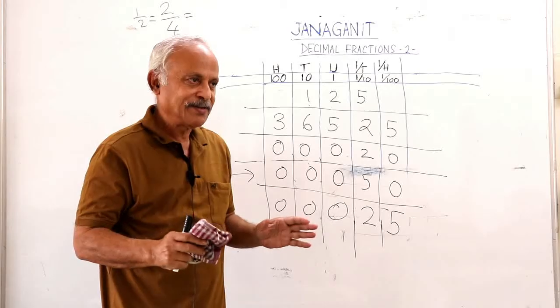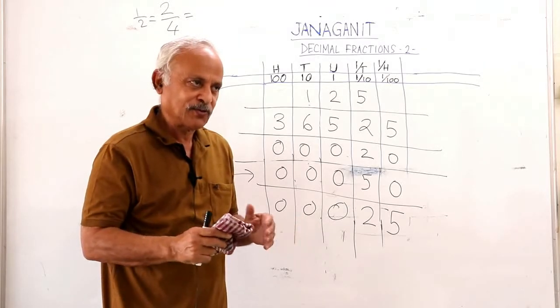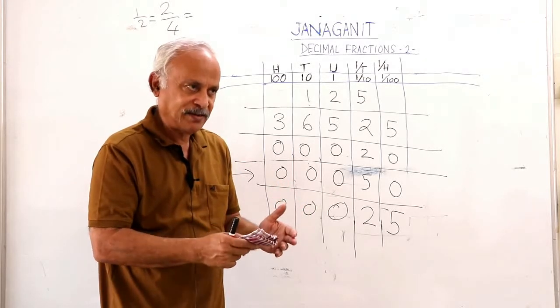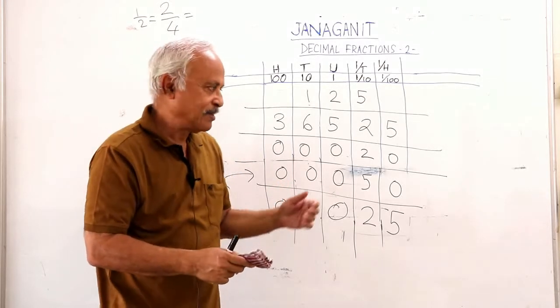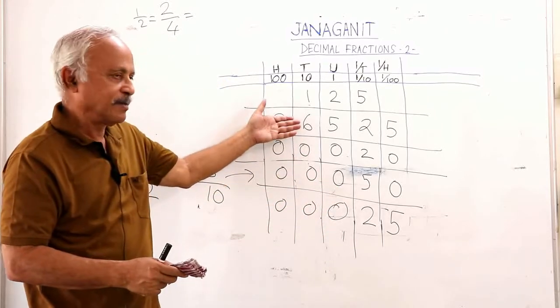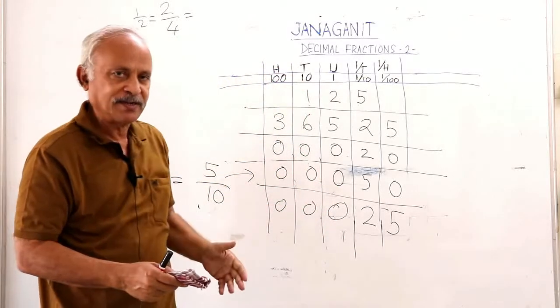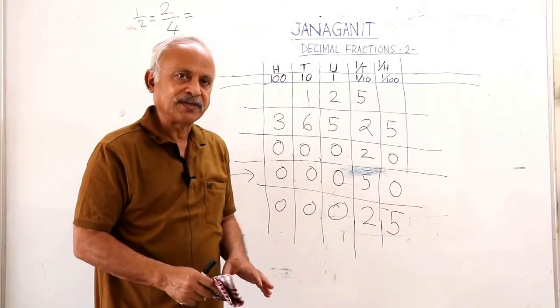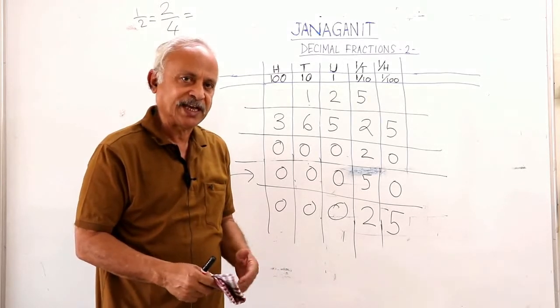Very good. So I think now we have understood how to make it and write it in decimal form, in the names of the houses, and in expanded form, and we will be using this in our next session as we go forward.